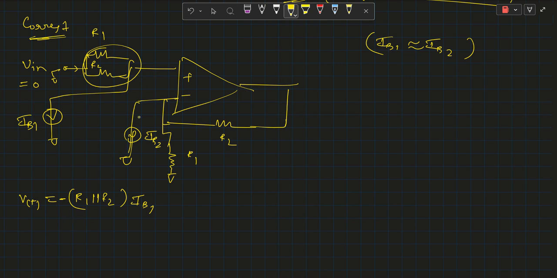So there is a negative voltage on this terminal. First we will consider this voltage.